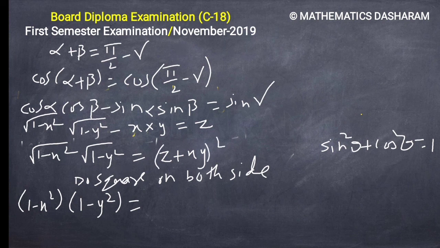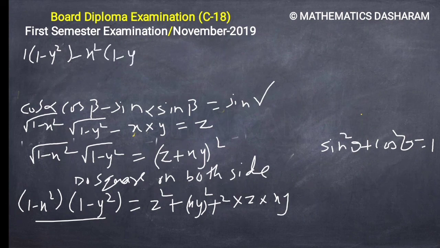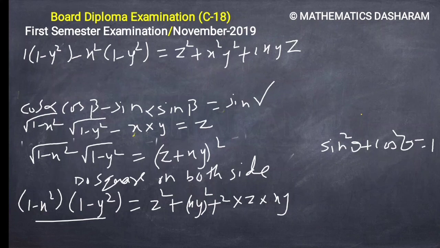z plus xy whole square means z square plus xy whole square plus 2 into z into xy. So it is equal to, let's multiply these two: 1 into 1 minus y square minus x square into 1 minus y square, equals z square plus x square y square plus 2xyz. 1 into 1 minus y square is 1 minus y square.